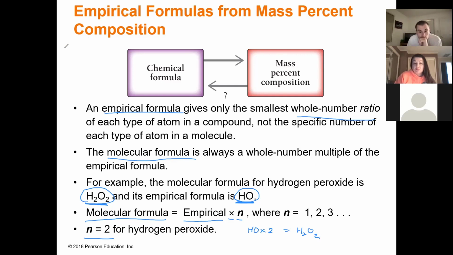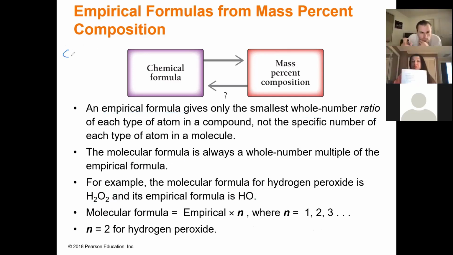So let's say we've got C11, H22, O33. Hold on, guys, I don't like how I was writing that. Is this an empirical formula or is it a molecular formula?